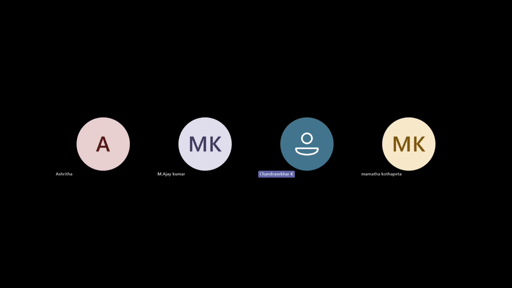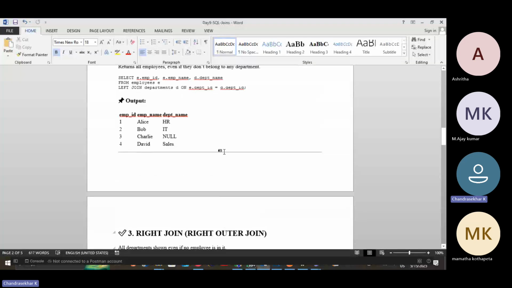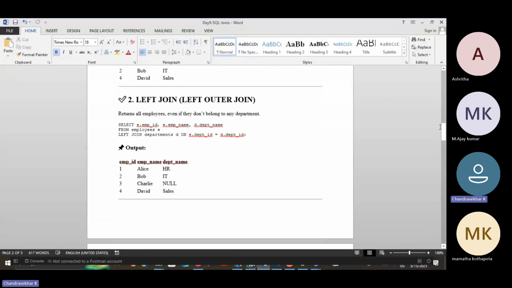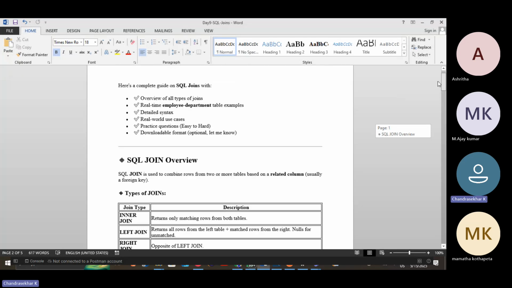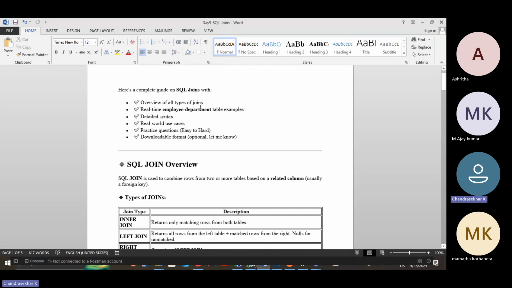Today I'm going to explain one more new topic called SQL joins, which is a very important topic. This is the most important topic in SQL for all the SQL developers who are working on it.